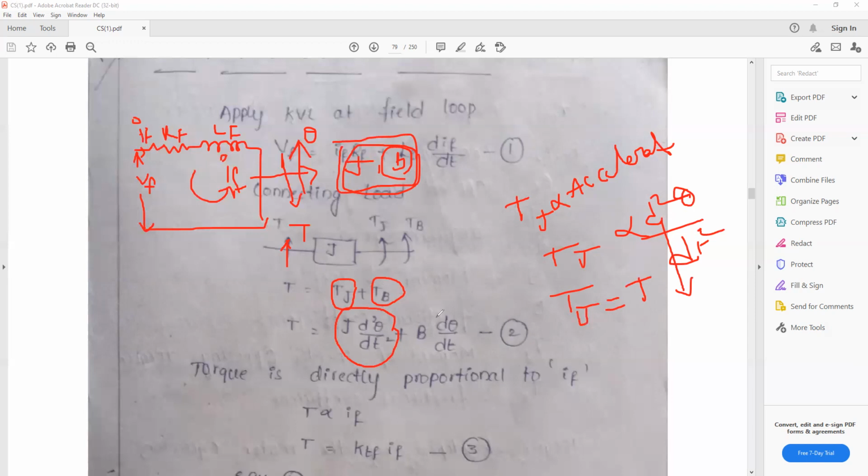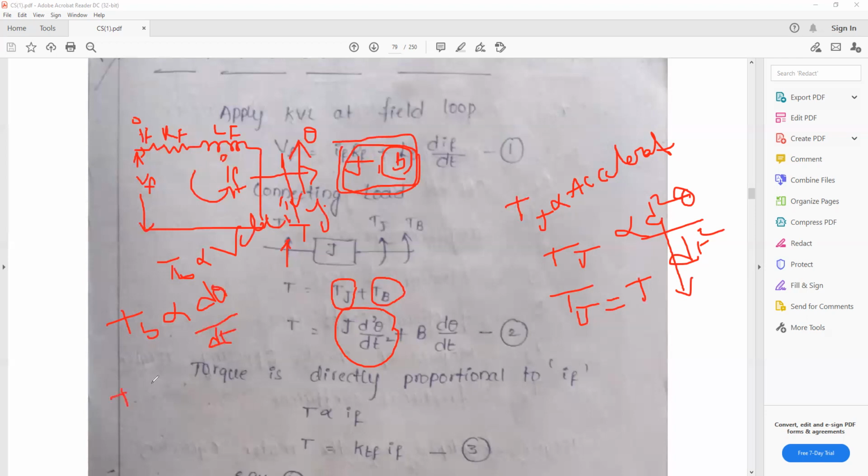Frictional coefficient opposing torque Tb is directly proportional to angular velocity. What is angular velocity? d theta by dt.